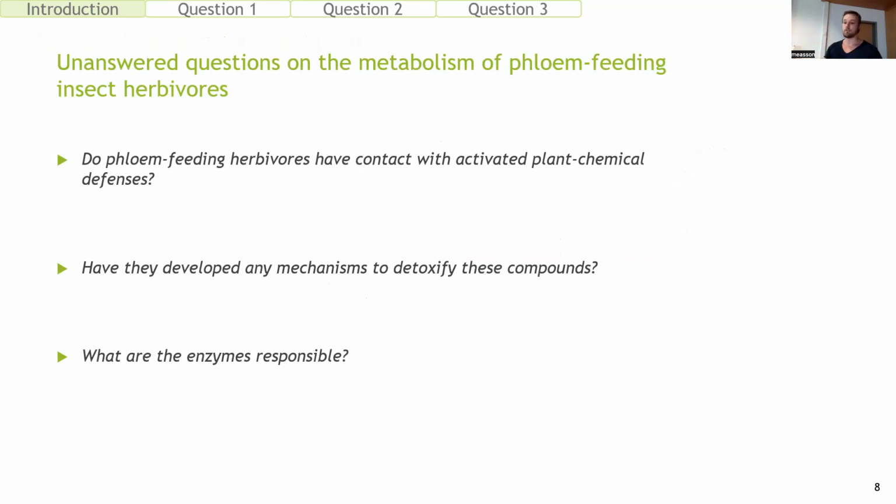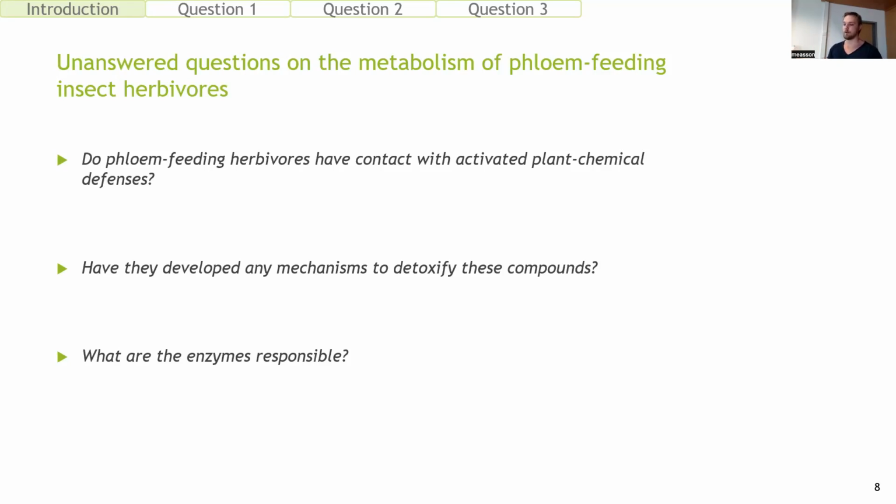Do these phloem feeders actually have contact with these activated chemical defenses, and do they actually constitute a defense to them? The next question is, have they developed any mechanisms to detoxify them if they are defenses? Maybe any unique mechanisms to detoxify? And then finally, what are the enzymes that are doing these reactions if they are actually doing something?